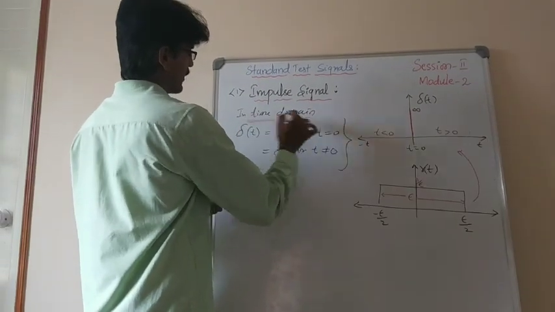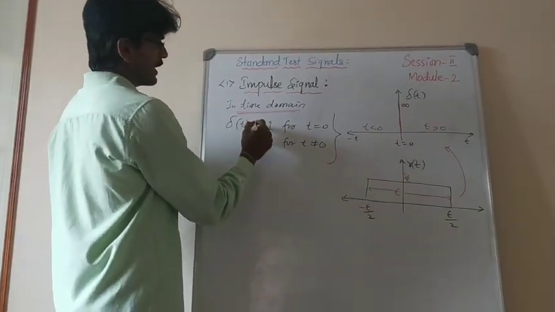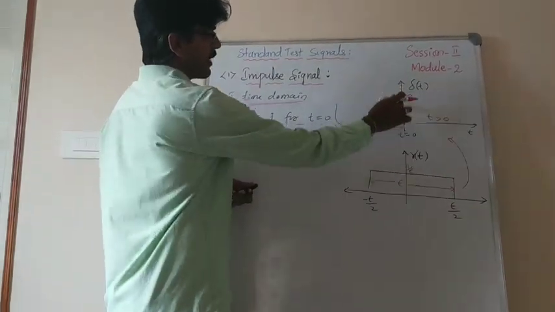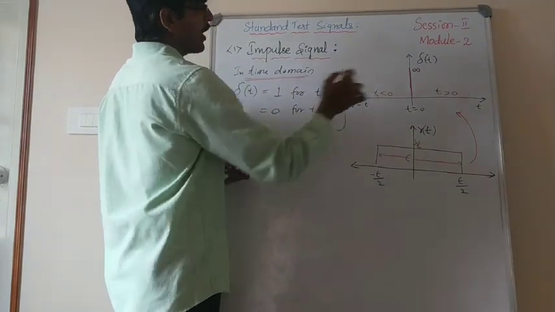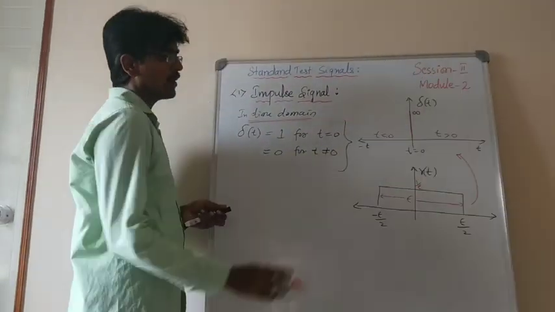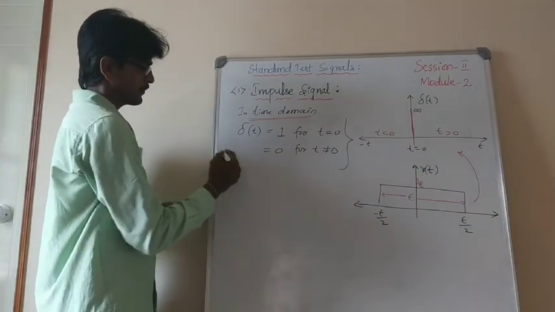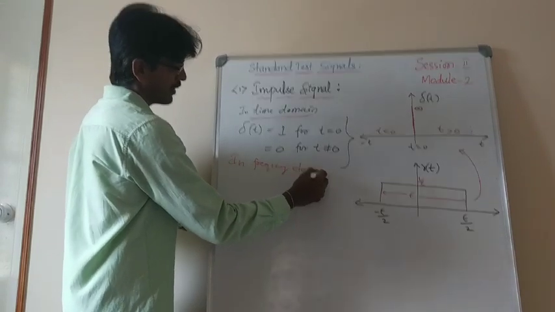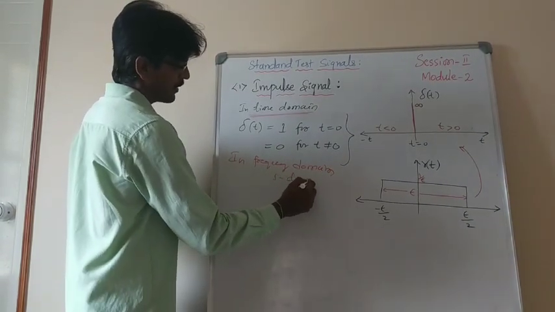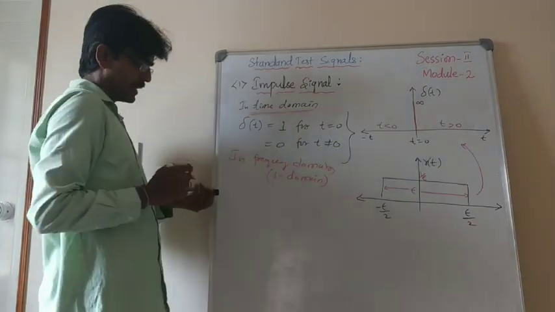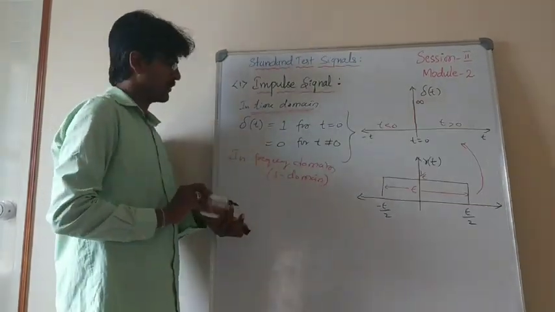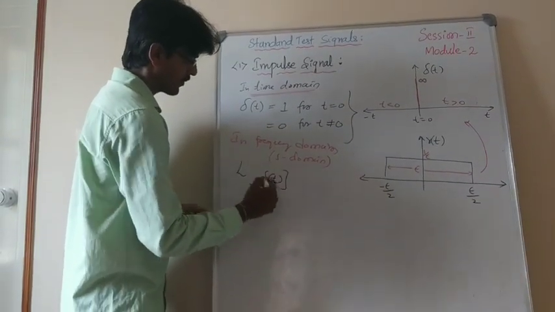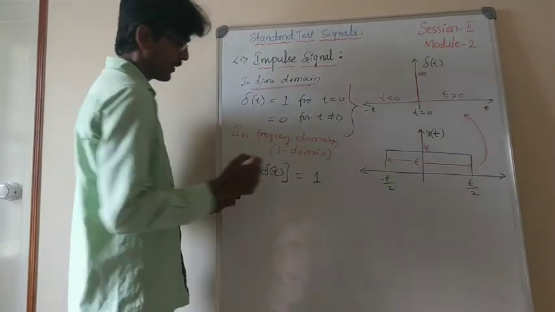In the time domain, this can be represented as delta t is equal to 1 for t equal to 0, and its value is equal to 0 for t not equal to 0. This is in the time domain. In the frequency domain, that is in the S domain, to get this you have to take the Laplace transformation. The Laplace transformation of delta t is equal to 1.